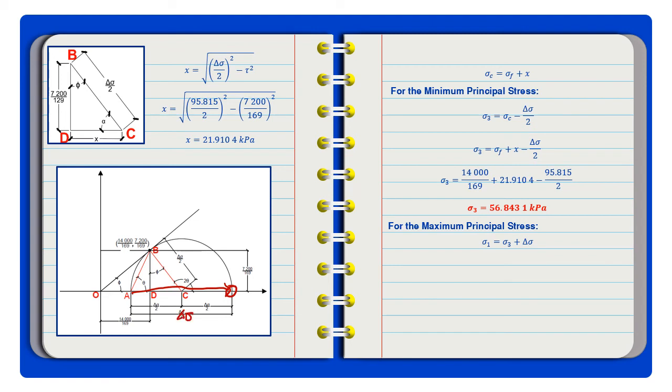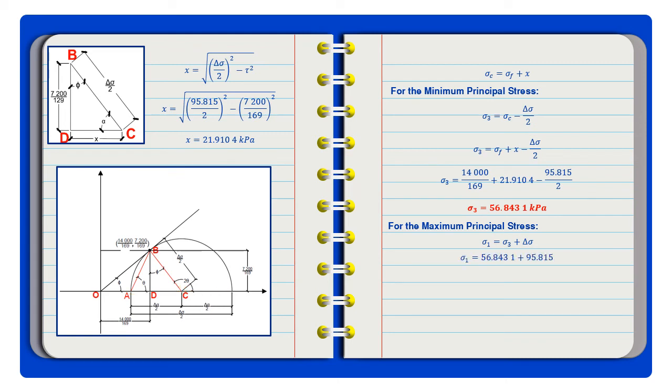So, pwede rin na kung galing ka na ng center kanina, kasi meron naman tayong equation for the abscissa of the center. So, kung galing kang center, which is ito, idadagdag mo na lang yung delta sigma over 2 para mapalabas yung maximum principal stress.